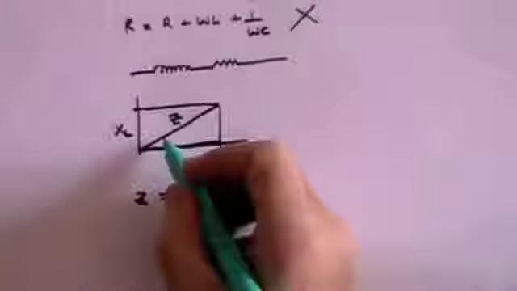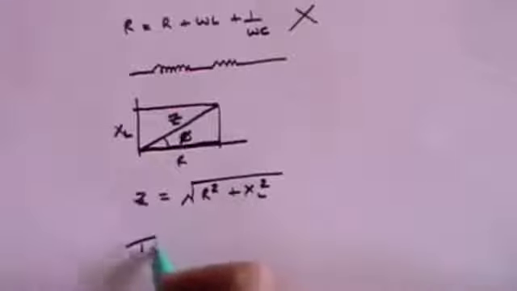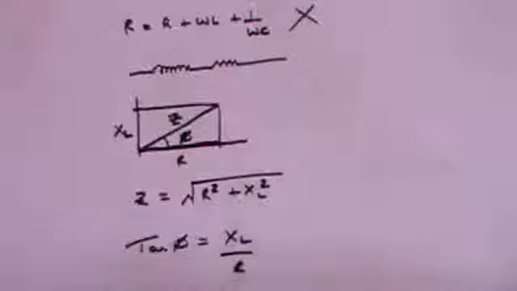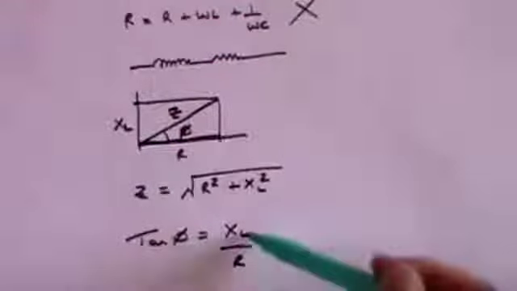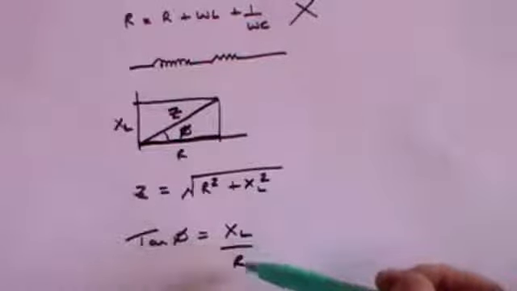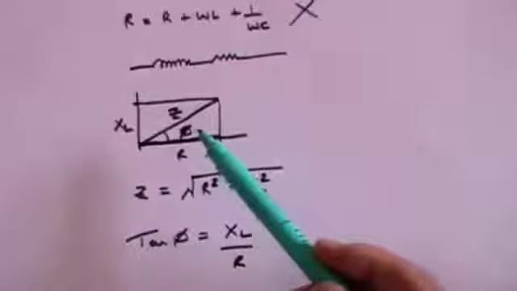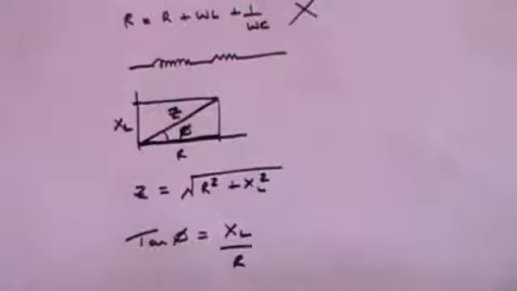You can also see that the phase angle, which in this case is phi, which is neither 0 nor pi over 2, that the tangent of phi is equal to XL divided by R. So the phase angle, the angle by which the voltage and the current will be out of phase, is determined by the relative sizes of these two devices. You'll see that because it's positive, that means that the voltage will lead the current.